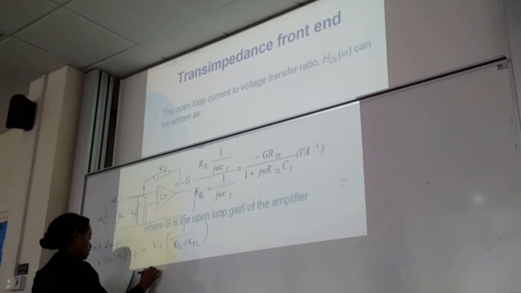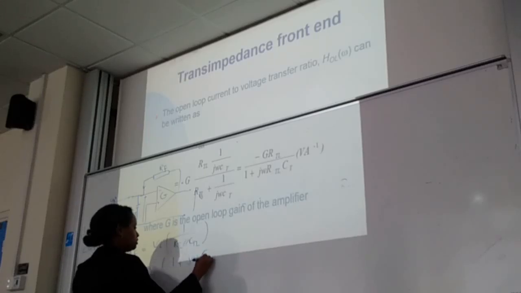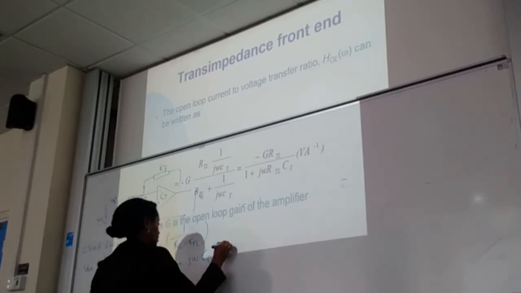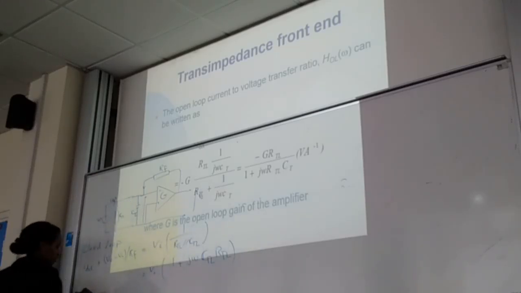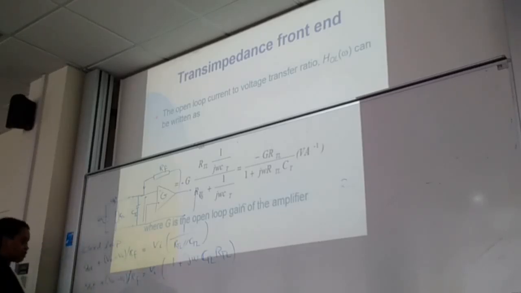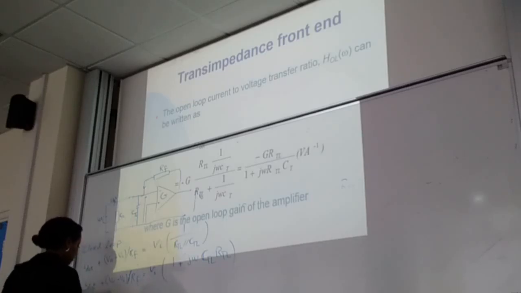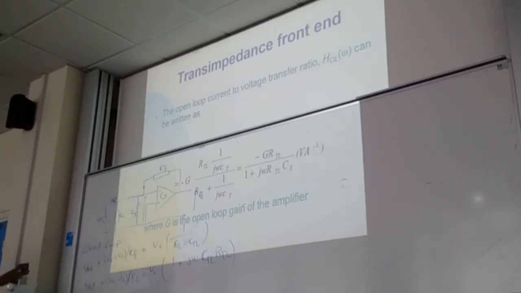If you remember, we ended up with this. We know, so let's now rearrange things to have I DT, the detector current, by itself.